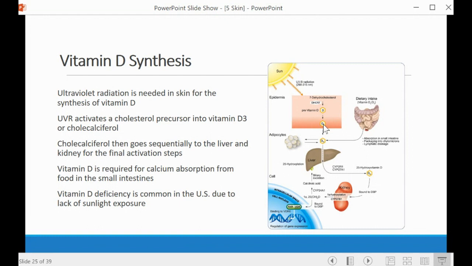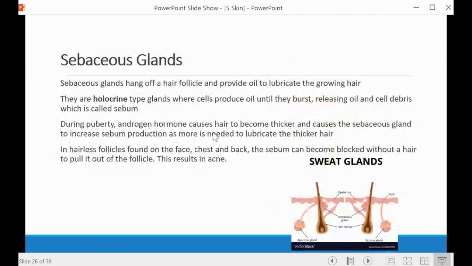So if we don't have the vitamin D, then we can't be absorbing the calcium from our food within our small intestines. When we can't get enough calcium, that's going to affect our bone as well as our muscular contractions and the release of neurotransmitters. So calcium is very important to the way that our body works. Vitamin D deficiency is common in the United States due to the lack of sunlight exposure.